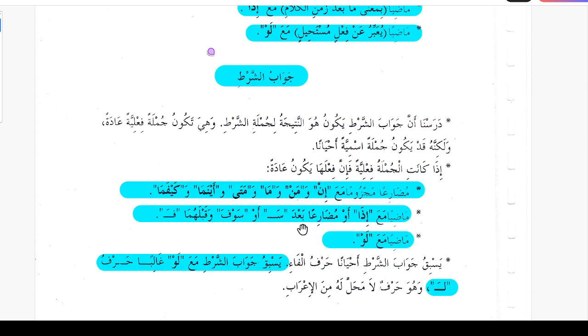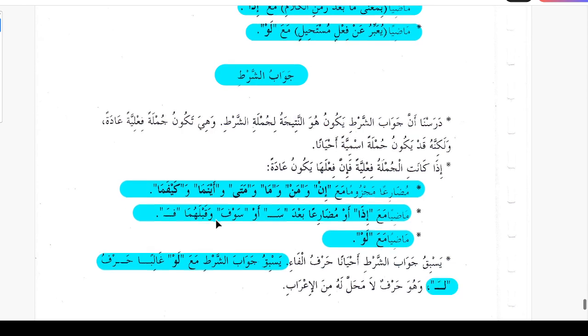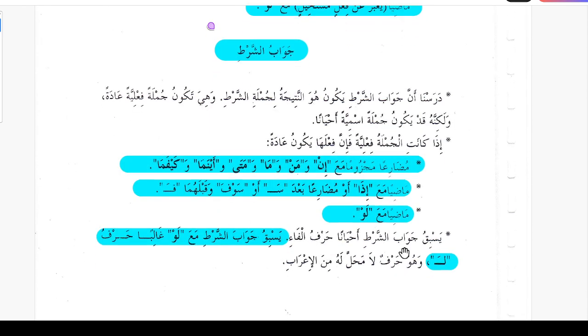For the case of mudari' after sin or sawfa, we use fa, because jawabu shart sometimes takes harf al-fa', as we studied before. It is harf fa when the jawab al-shart comes after harf istiqbal, sin and sawfa.